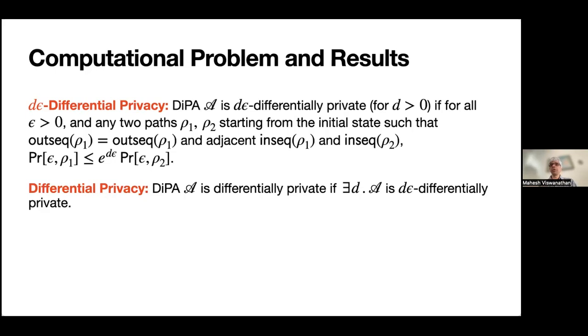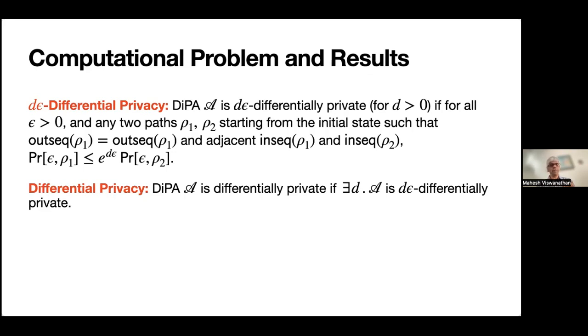The question that we are going to look at in this talk and in this paper is actually a slight variant of this question, which I'll call differential privacy. The automaton is differentially private if you can find some value for d such that the automaton is d epsilon differentially private.